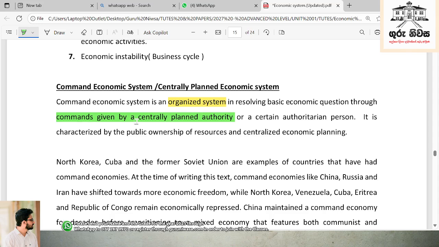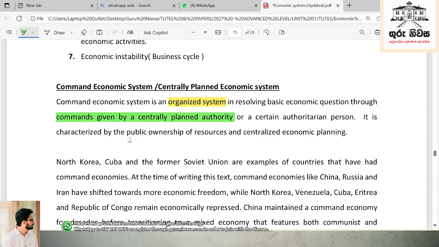Commands, not like signals, like the price mechanism. No. Here, commands, something legal, and tough rules and regulations. But when it comes to a free market economic system, not commands. Commands given by a central plan authority or certain authorized persons.